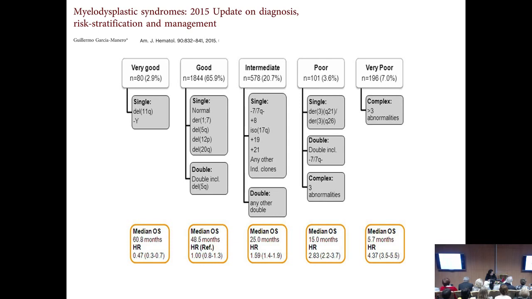If a deletion of the Y chromosome, deletion 11q, or deletion of 20q is present and you don't have morphological dysplasia, then this abnormality does not prove MDS.